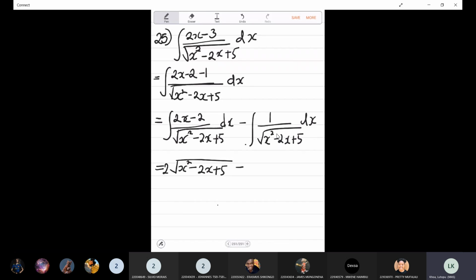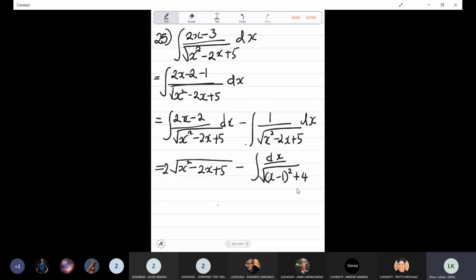So we have minus the integral of dx over the square root of x minus 1 squared, and here we have minus 1. Minus 1 plus 5 is 4. So we've completed the square: x squared minus 2x plus 1 plus 4.